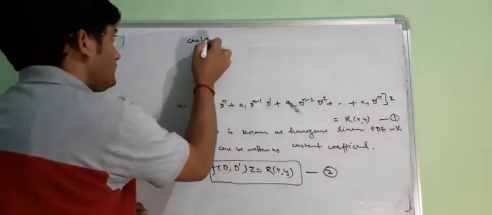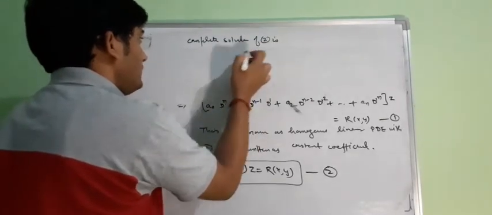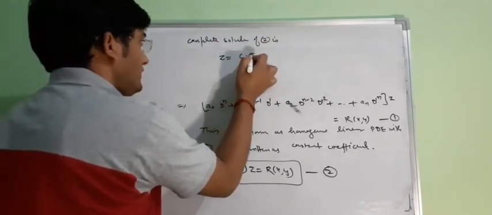The complete solution of equation 2 is z equal to CF plus PI.